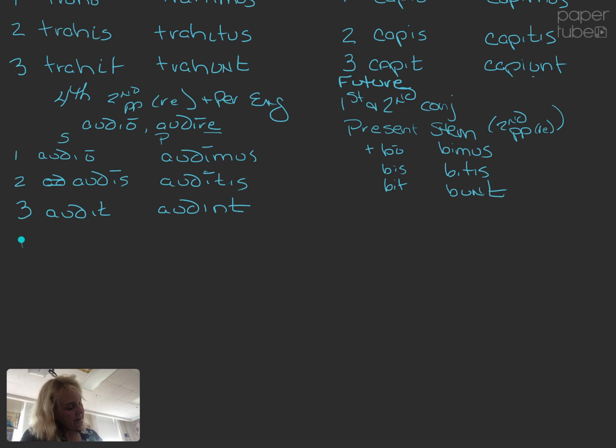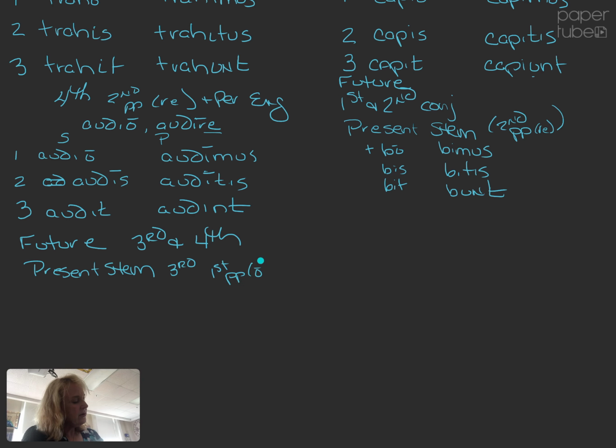Now, future for third and fourth is a bit different. In this case, we take our present stem, so it forms differently whether it's third or fourth, right? Third is first minus the O, and we keep in mind that if we have two I's together, it equals an I. And fourth, present stem, is second principal part minus the RE.